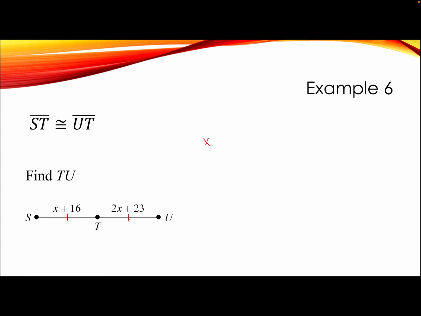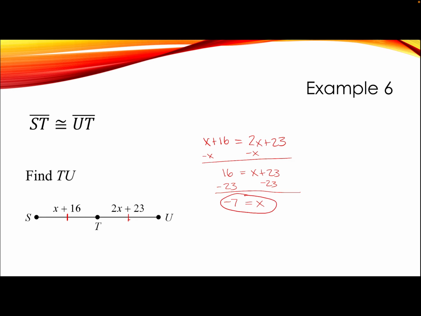So since they're congruent, it means that the length of ST, which is x plus 16, equals the length of UT, which is 2x plus 23. We can subtract x from both sides. We get 16 equals x plus 23. We subtract 23 from both sides, and we get negative 7 equals x.